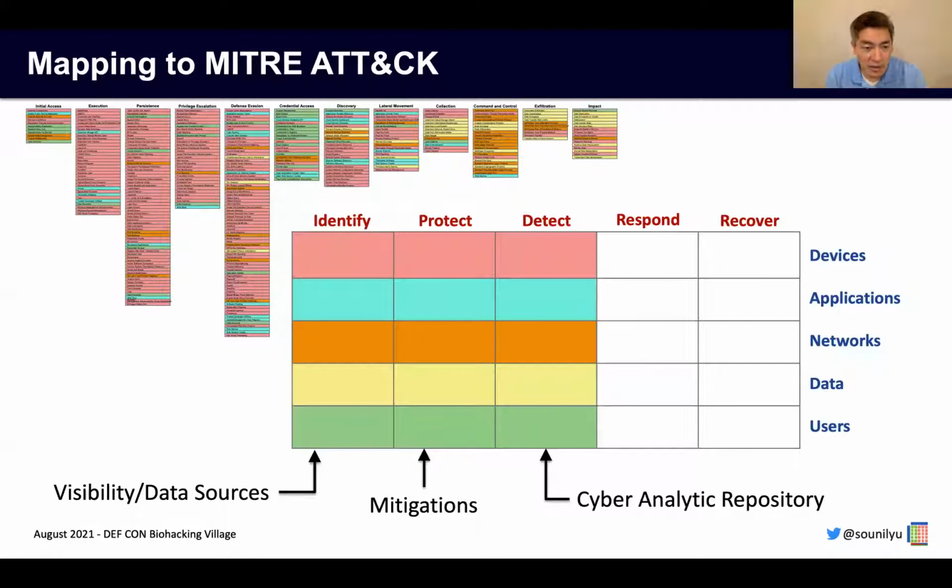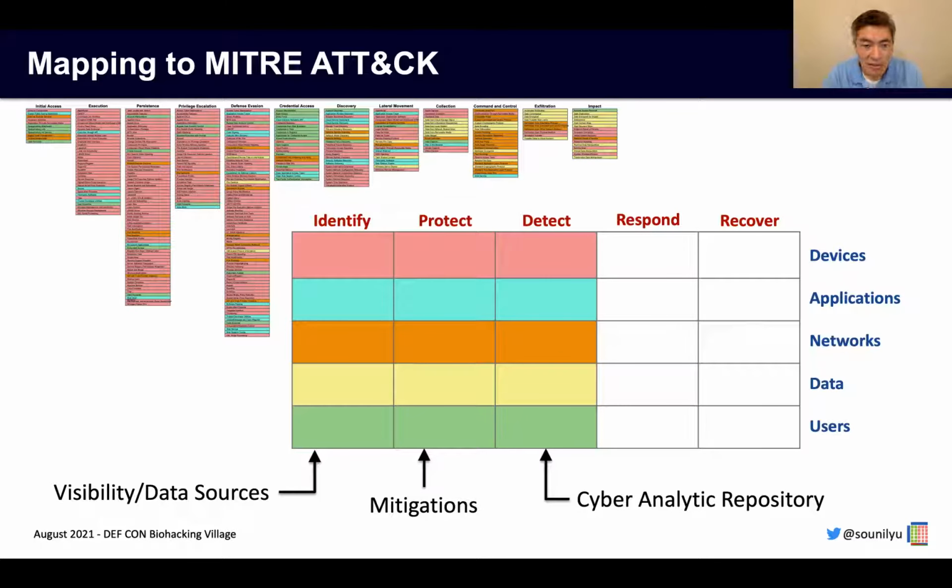Another tool that I'm sure many of you are familiar with is the MITRE ATT&CK framework that characterizes a lot of the TTPs that we see attackers following. And if we look closely at the MITRE ATT&CK framework, you'll see that there's also specific asset classes that are represented in the TTPs.